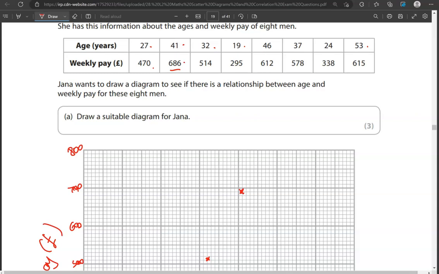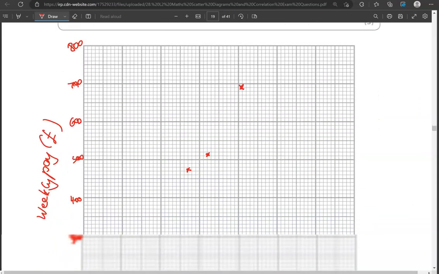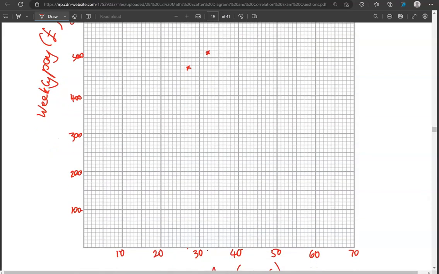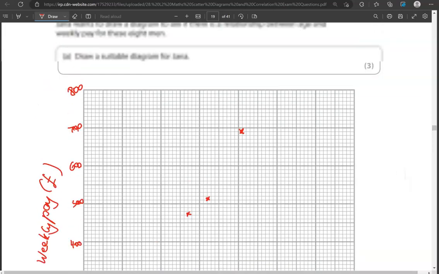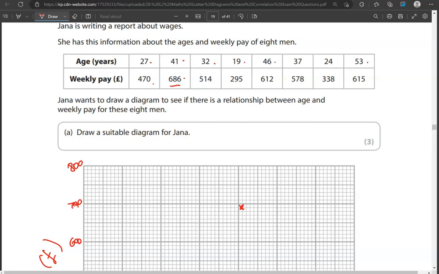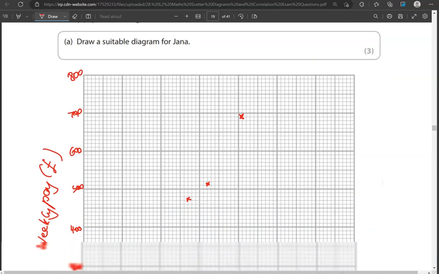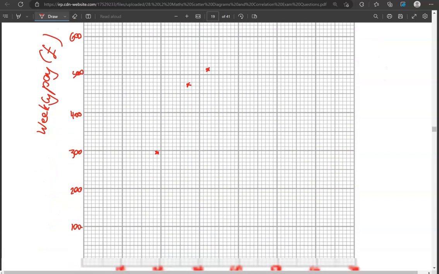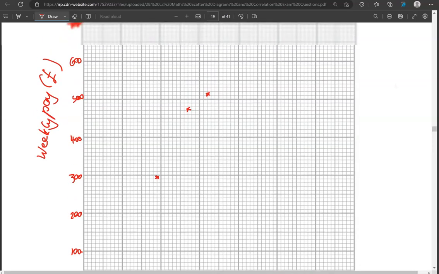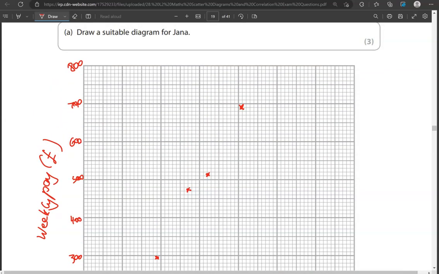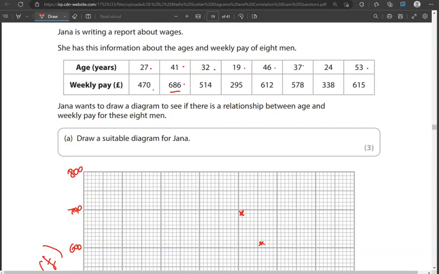Age 19, 295. Age 46, 612. Age 37, pay 578.